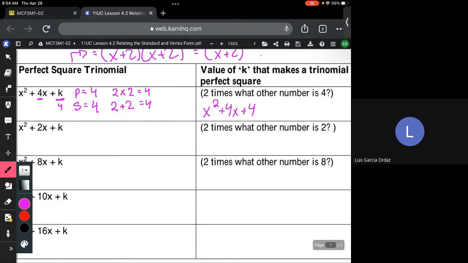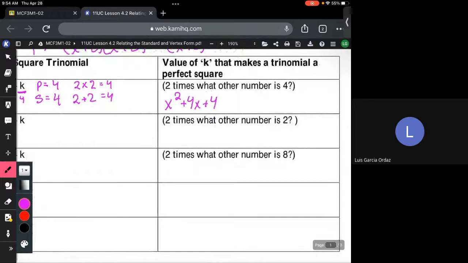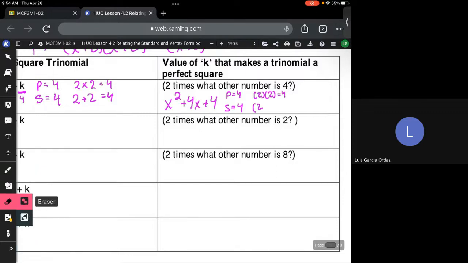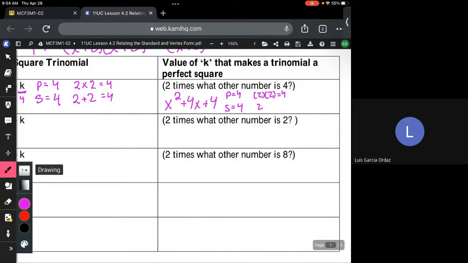Now, can you factor this trinomial for me? What's my product and what's my sum? Olivia? Two numbers that multiply to 4 and add to 4. What would it be? 2. So what is my factored form going to look like?